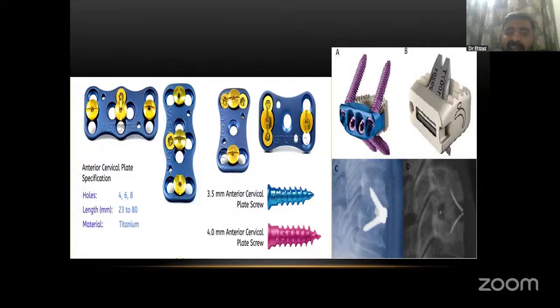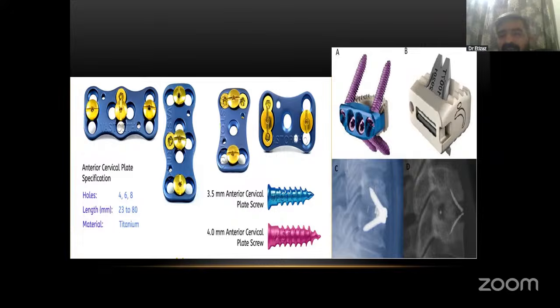If it is a single level, then the length will most likely be 22 to 23. You can choose 22, the minimum length. But if there are more levels, you will categorize according to the level what kind of plate you are going to use.